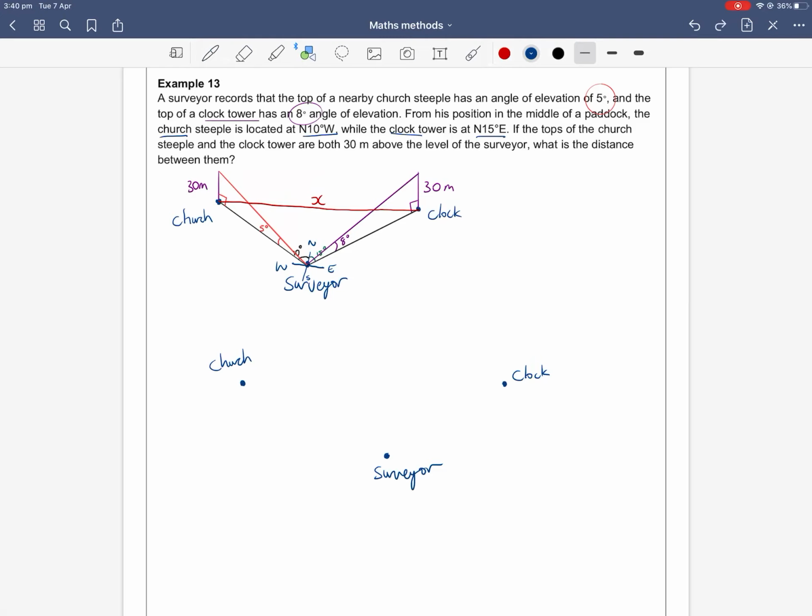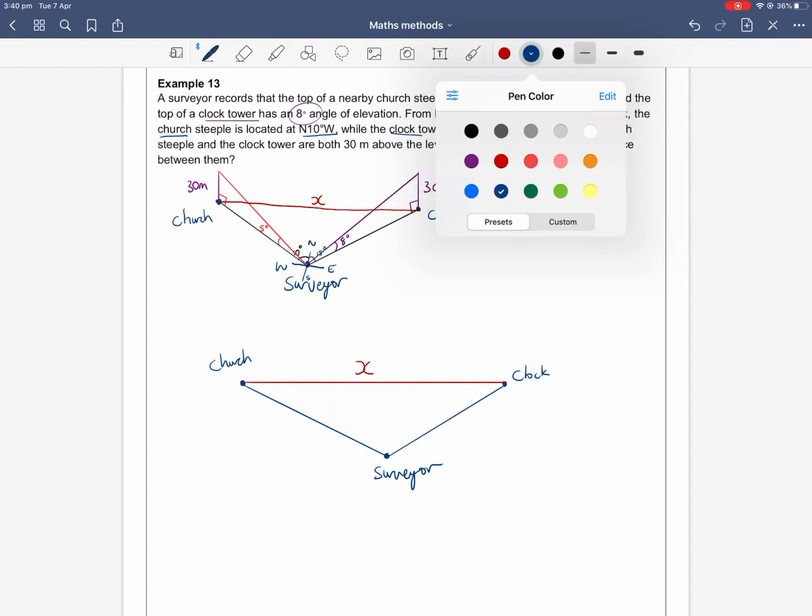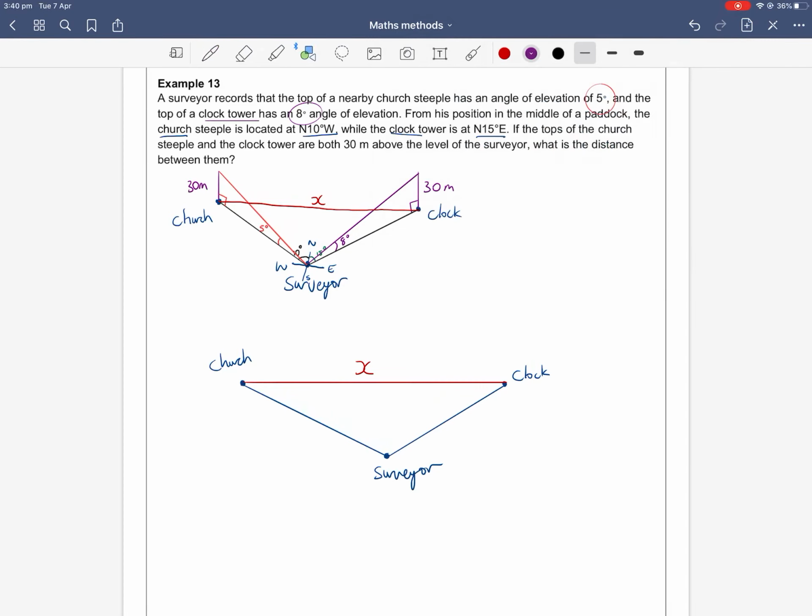I'm connecting the surveyor and clock together, and I'm connecting the surveyor and the church together, and I'm also connecting the church and the clock together, and that is the distance of interest.